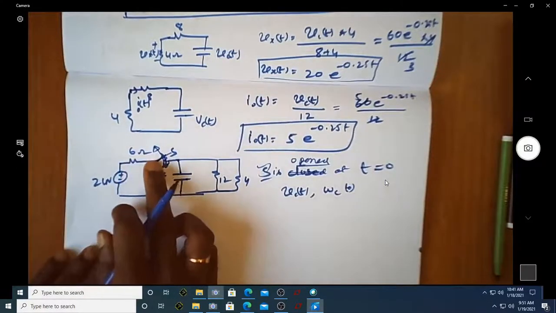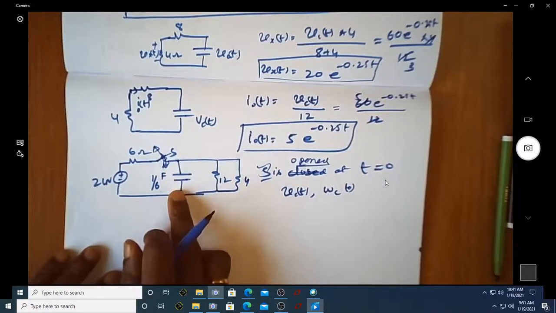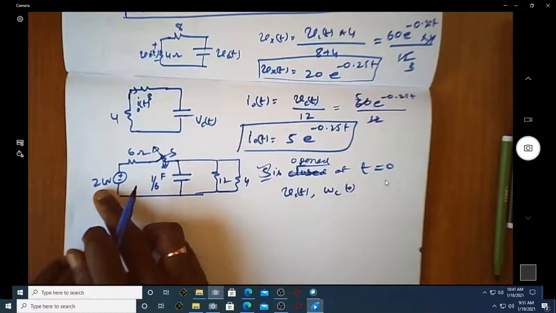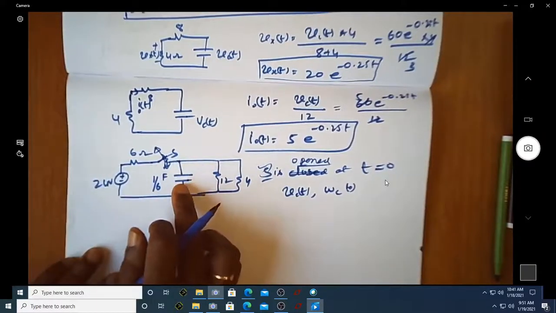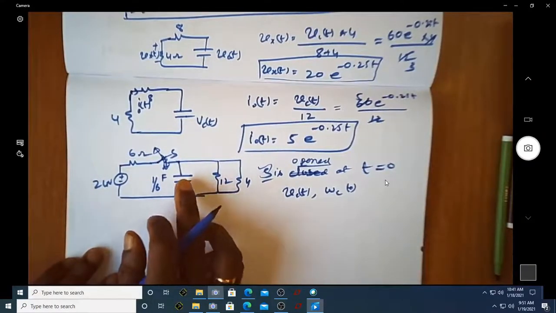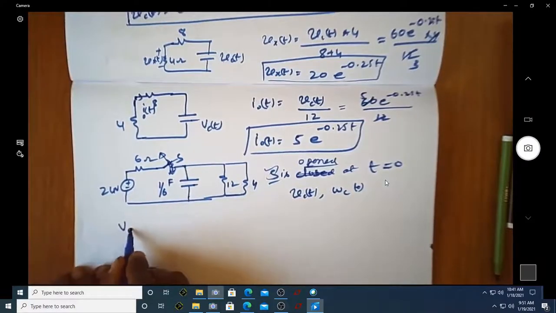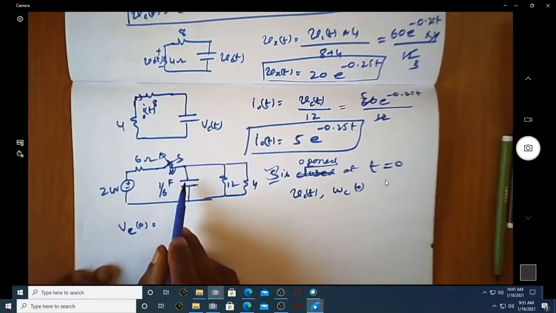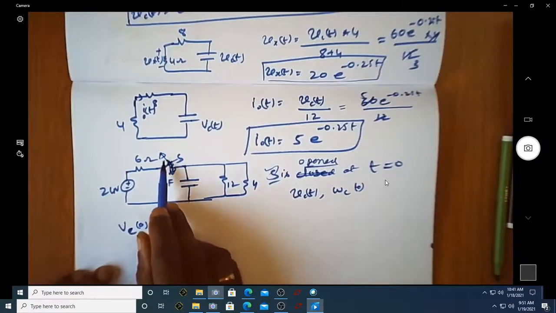Before I open, it is in closed mode. Whenever it is closed, out of 24 volts, some voltage will get stored in this capacitor, and that will be your V naught, Vc of 0. Vc of 0 is nothing but the initial voltage of this capacitor when this switch is closed.